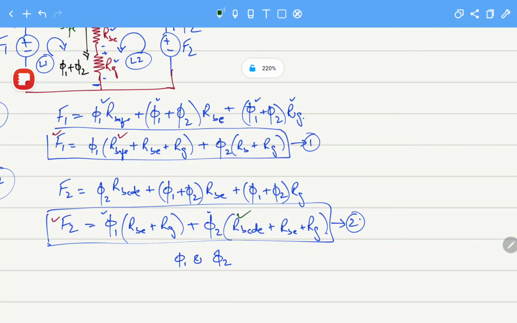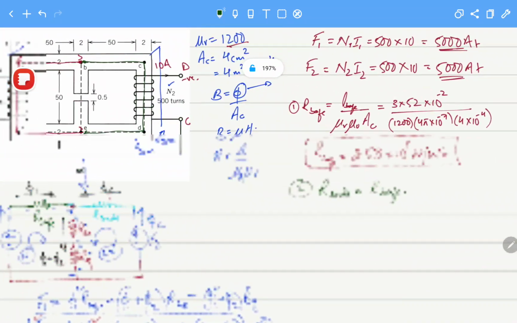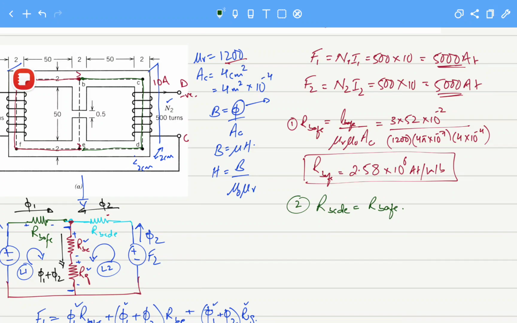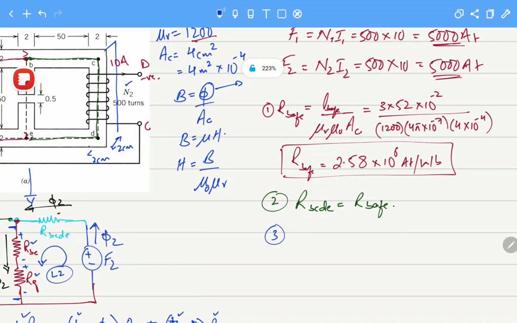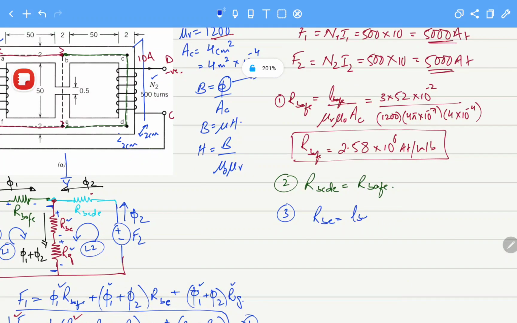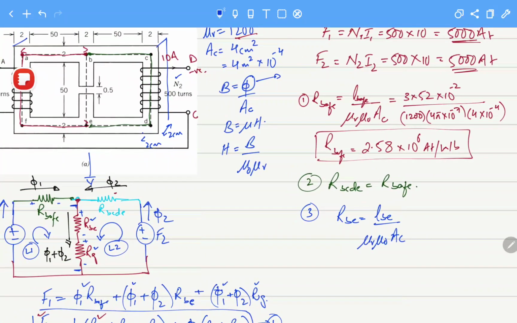Now what we need to calculate is R_BE and R_G. So can we calculate R_BE? Yes, we can calculate that. That will hopefully not be that difficult. So R_BE is equal to the length of BE over mu r, mu naught, area of core. What is the length of BE? That will be 51.5.